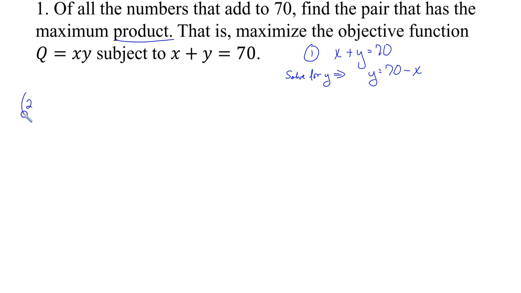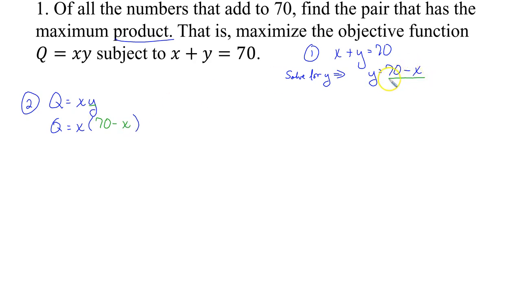So our second step in our process is we start off with Q is equal to x times y, and so now Q is going to be equal to x times, and in place of y, we're going to drop in this new function here. Since y is equal to 70 minus x, in place of our y variable we're going to put in 70 minus x.